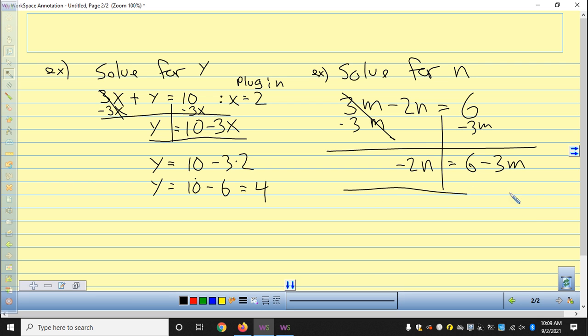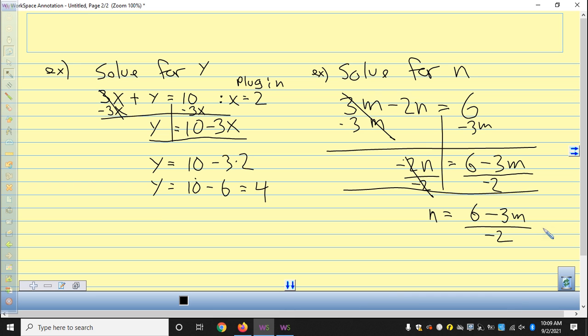Now what do I want to do to get the negative 2 away from the n? Now I want to divide by negative 2, and I'm going to divide everything by negative 2, so I'm going to draw a big division. Those go away, and I get n equals 6 minus 3m divided by negative 2. And that's my answer. I don't need to do anything else with that.